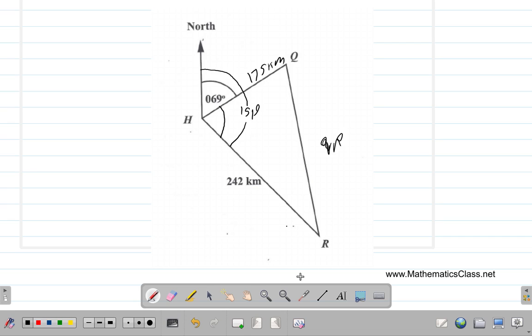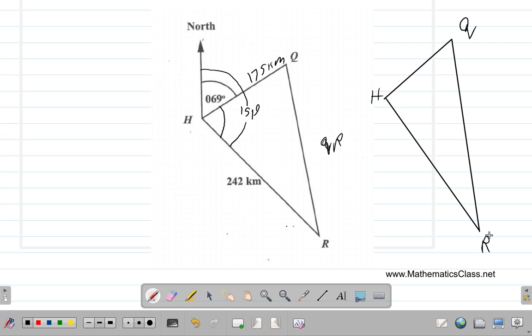But what we're going to do is redraw the diagram. So you have Q, you have H, you have R, you have 242 kilometers, you have 175 kilometers. You want this angle.